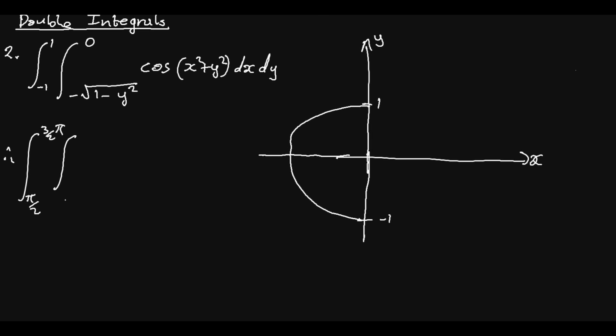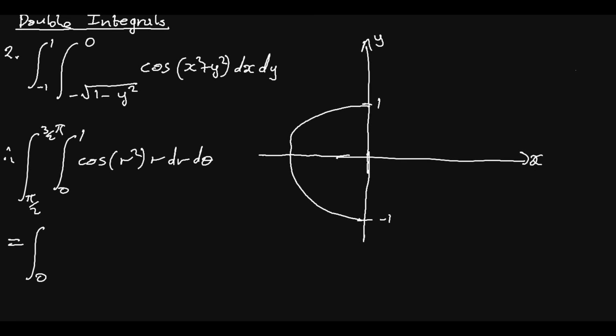The radius is simply 0 up to 1. So it's cos of x squared plus y squared, and we know this is r squared. dx dy becomes r dr d theta. Right, so now we have to integrate this, see what we get.